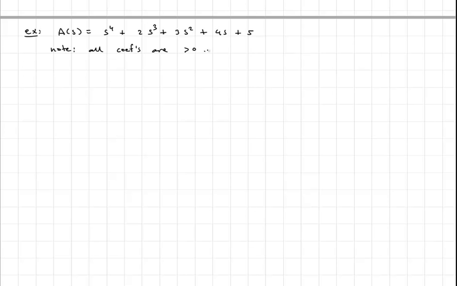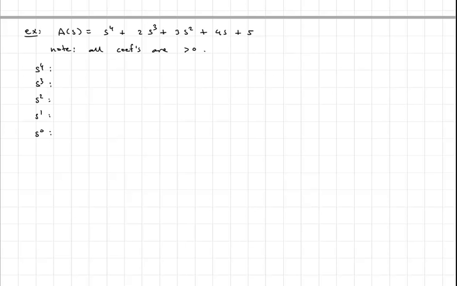Now that doesn't mean that we're guaranteed that it's stable, but if they weren't all greater than 0, then we'd be guaranteed that it would not be stable. Okay, so let's set things up. We've got S to the 4, S to the 3, S squared, S to the first, S to the 0.